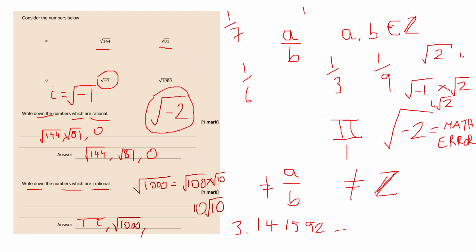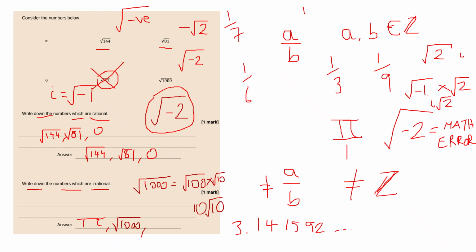So bear that in mind. But that is actually neither rational nor irrational, because I don't even get an answer out of it, because you cannot square root a negative number. Just to be clear, so you're not confused, you can have minus root 2, for example. That is allowed and that is irrational, but you can't have the square root of minus 2.